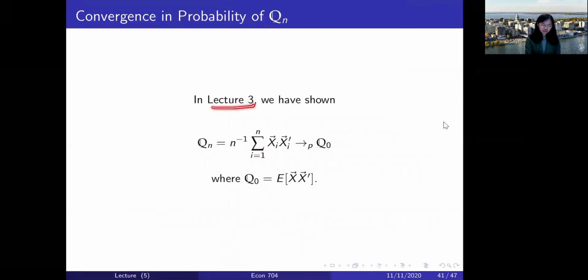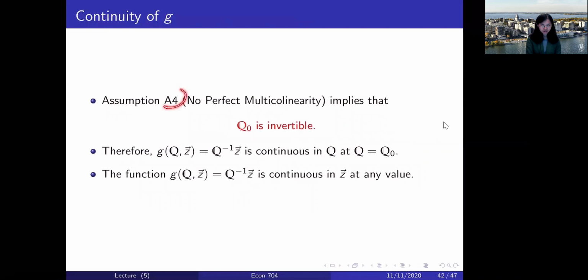And in lecture 3, after the midterm, we also showed the limit of Qn when we derived the consistency of the OLS estimator. The probability limit of Qn is Q0, which equals the expected value of x times x prime. And this matrix is invertible by A4, the no perfect multicollinearity assumption.